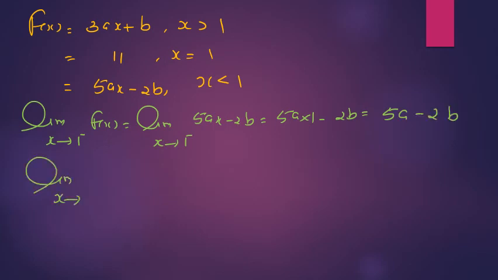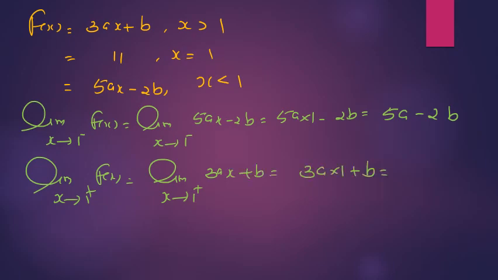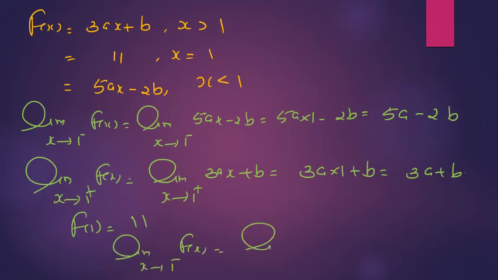Now limit x tends to 1 plus f of x. What is it? 3ax plus b. So 3a into 1 plus b. So what is it? 3a plus b. What is f of 1? F of 1 is equal to 11. So we can say that limit x tends to 1 minus f of x is equal to limit x tends to 1 plus f of x is equal to f of 1.